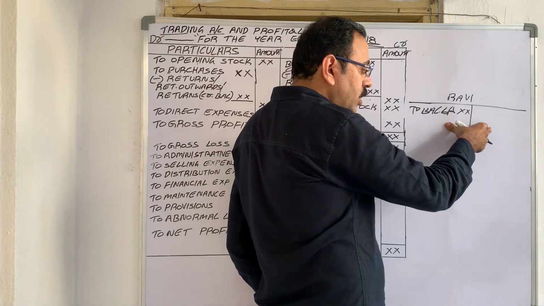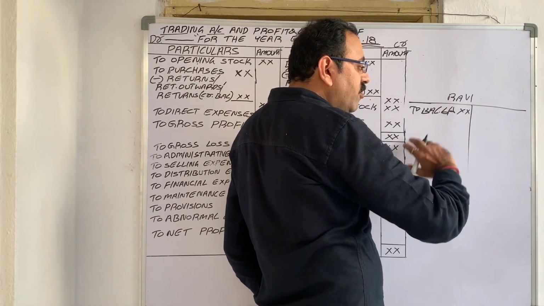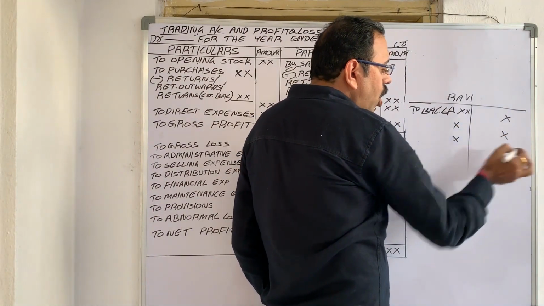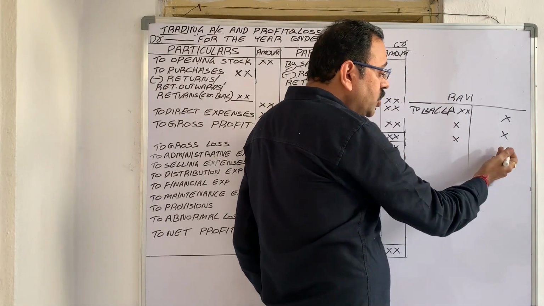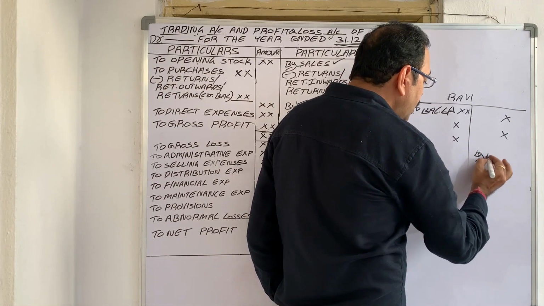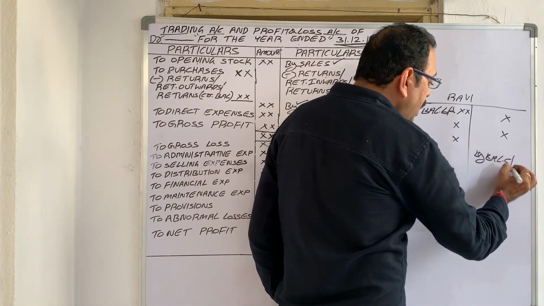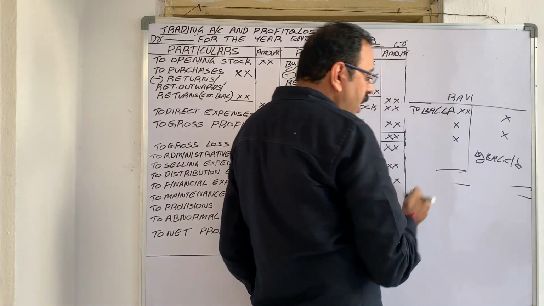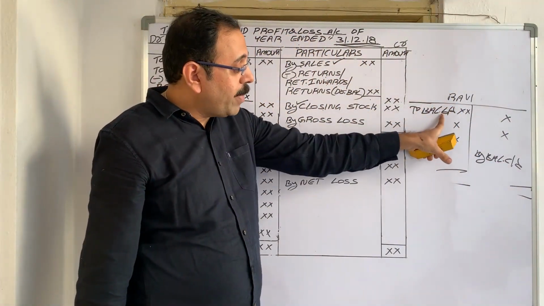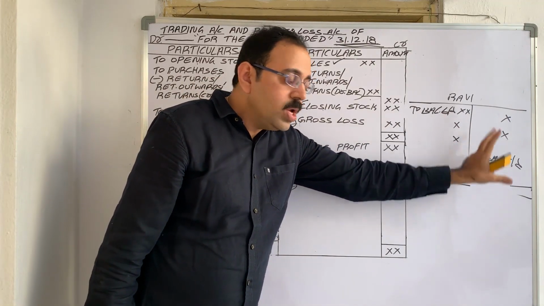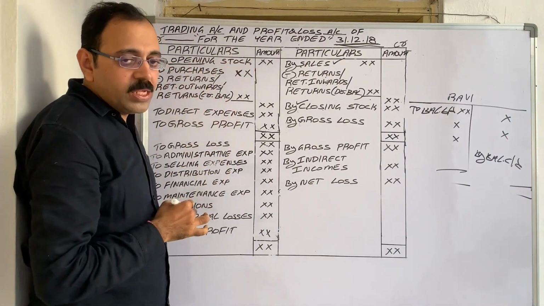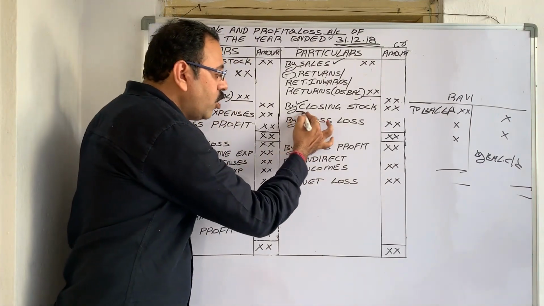In that particular month, whatever transactions take place between Ravi and firm, we record on debit side and on credit side. Finally, assume that debit balance is coming. Then on credit side we record it by writing 'by balance carried down', and we close this account. An ordinary ledger account is opened with opening balance and closed with closing balance. Similarly, in case of trading account, we open it with the opening stock and we close this account with closing stock.